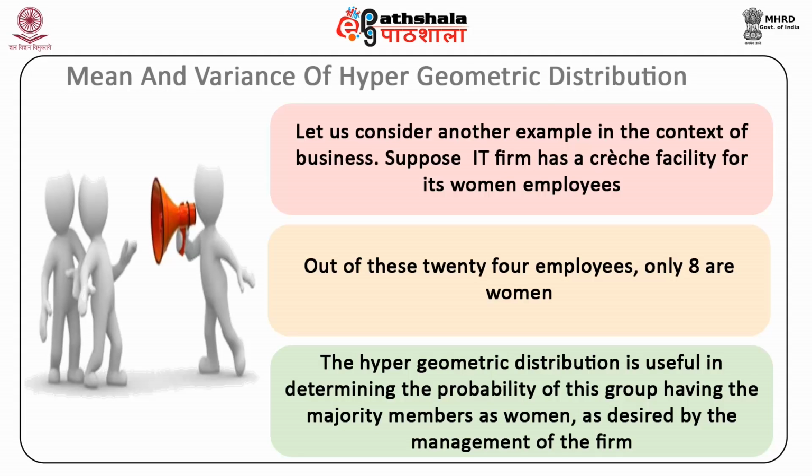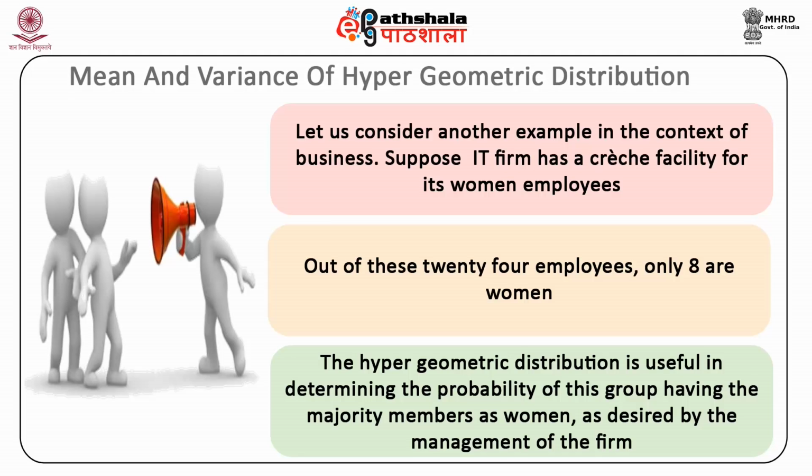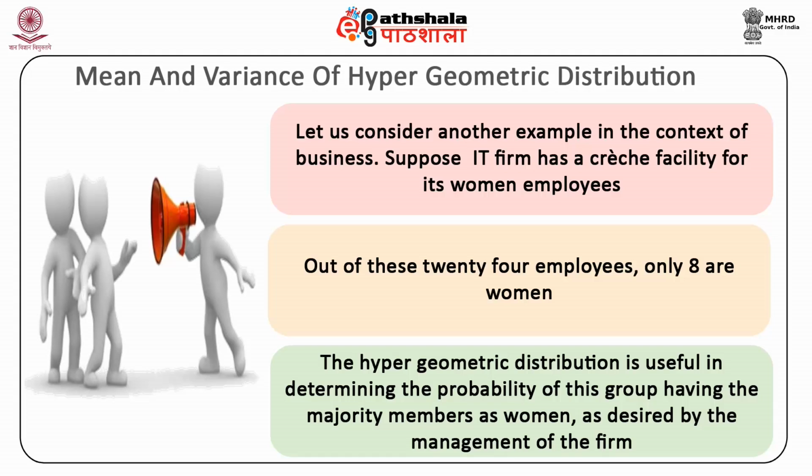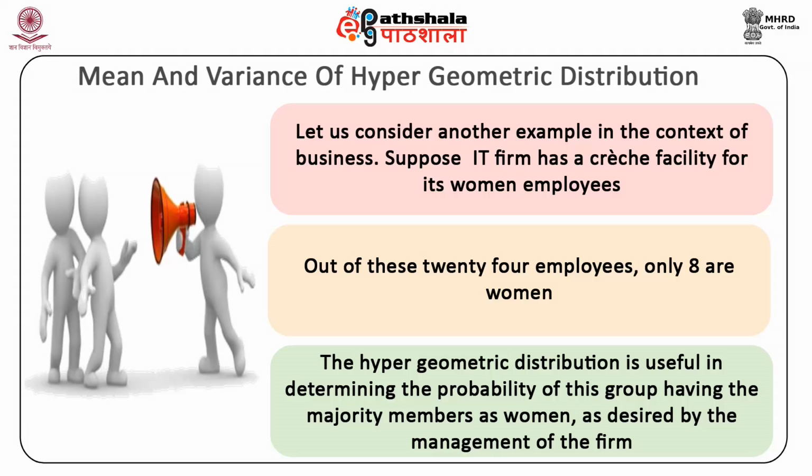The finite population is of size 24 and the sample size is 5, which implies that the ratio of sample size to population size is 5 by 24, which is equal to 0.21 or 21%.